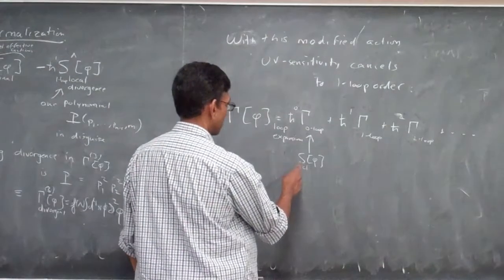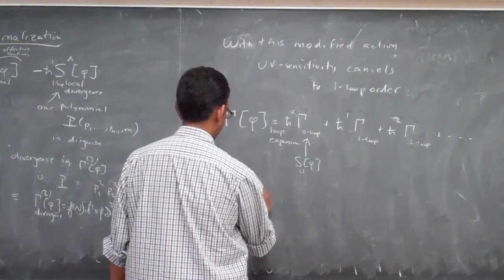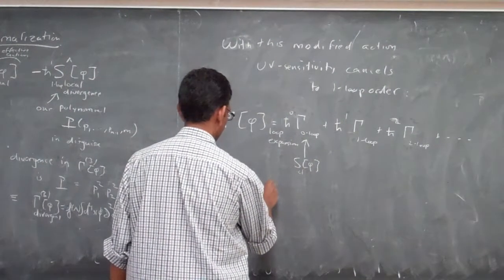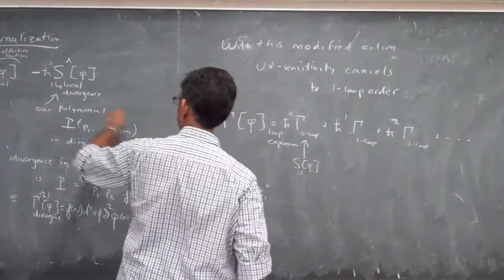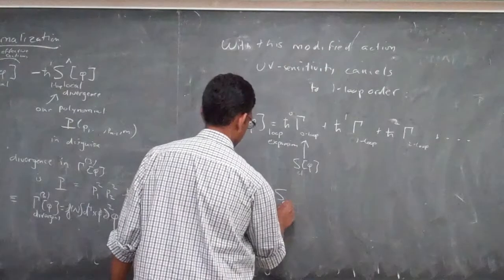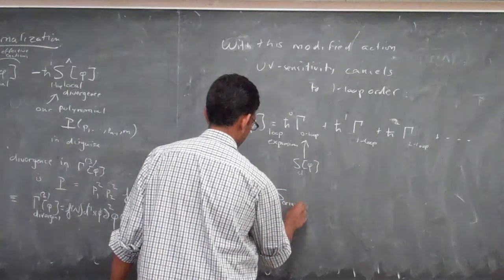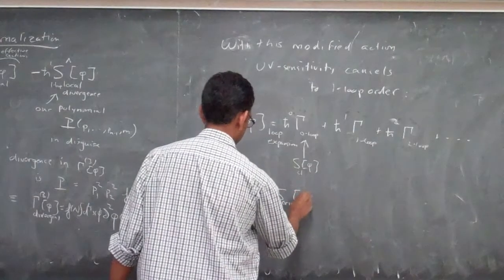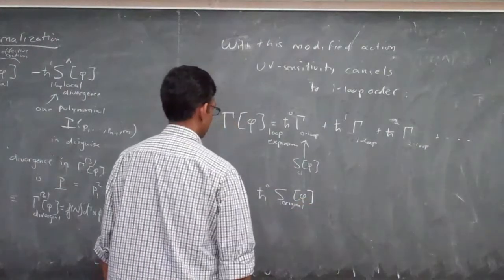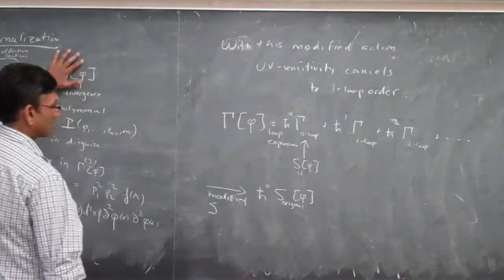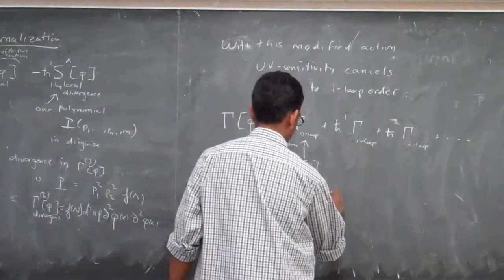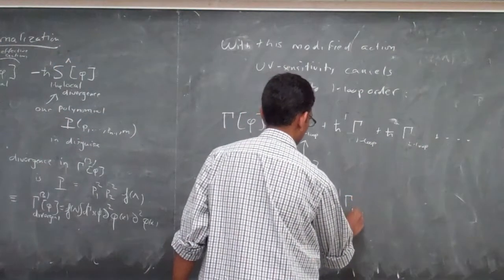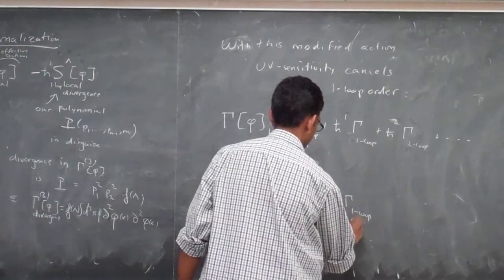It is given by h bar to the 0 and this S original, and then if I forget about this term and I draw all possible diagrams, I'm going to get the h bar to the 1 gamma 1 loop original.